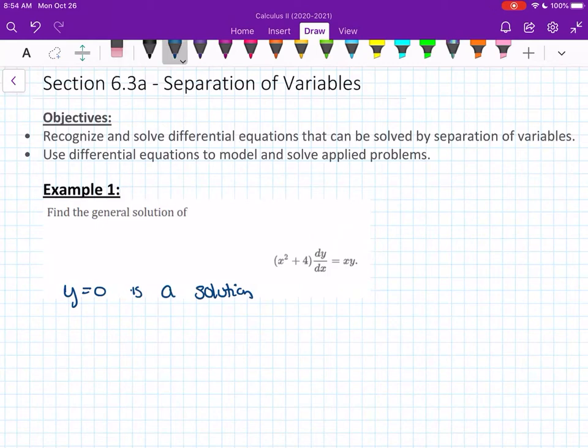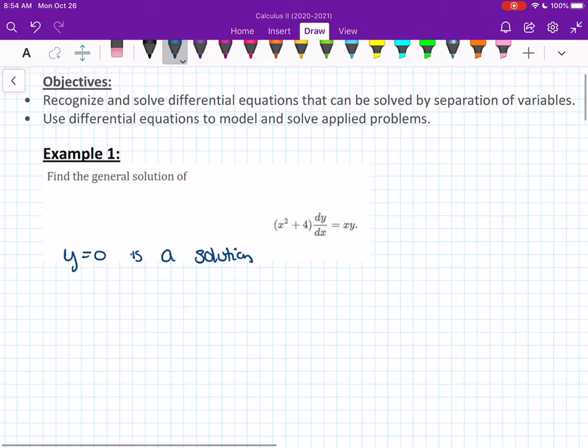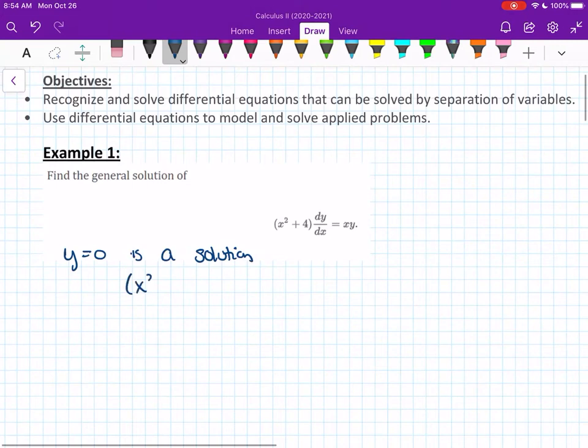And when you get to the end and you have your general solution, you just want to make sure y equals 0 is included in that. If it's not, you can just add that on the end and say, and y equals 0, right? So we'll get there. I'll show you what that means at the end of this particular problem so you can see what that looks like.